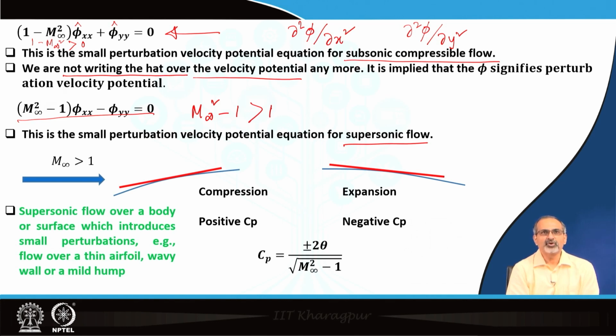Now, if you were to solve this equation for flow over a body or surface which introduces small perturbations, it could be flow over a thin airfoil like a very slender diamond shaped airfoil or a flat plate, or a mildly wavy surface or a mild hump over a surface. We are basically talking about small compressions and small expansions produced by surface curvatures of this kind.